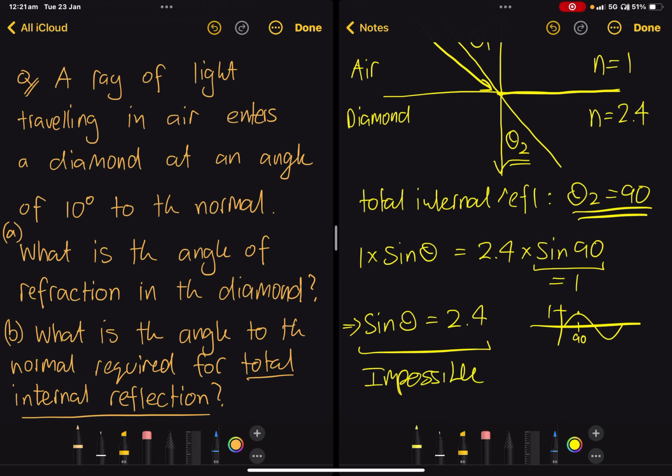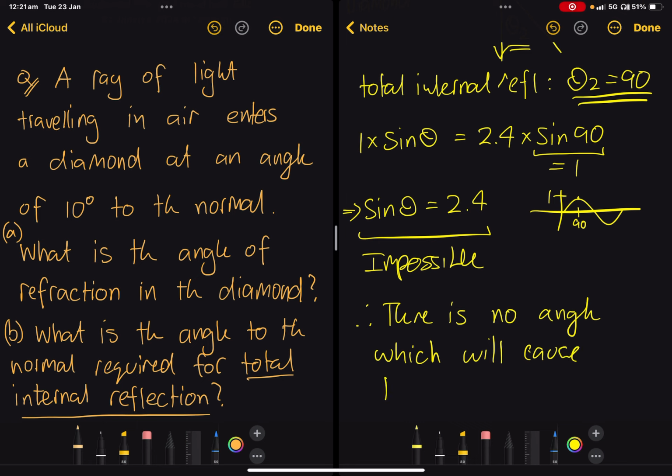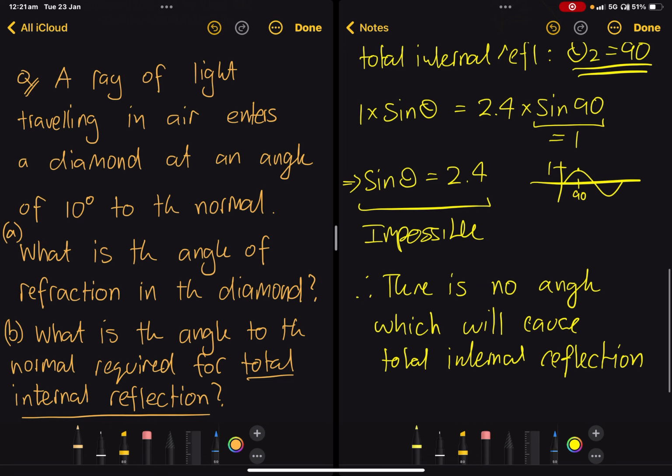This can't happen, because sine theta is bounded by +1 on the upper end and -1 on the lower end. What this means is there is no possible angle. Therefore, there is no angle which will cause total internal reflection. And this is actually an answer.